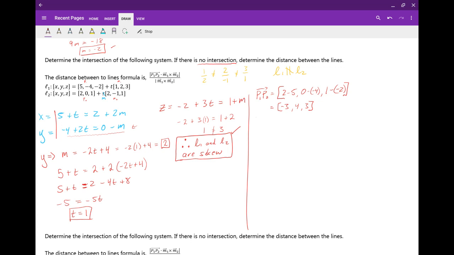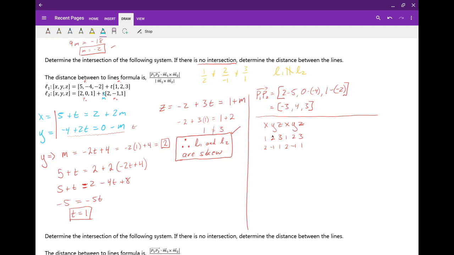So therefore, M1 cross M2 is going to be like this. So I'm going to do X, Y, Z, X, Y, Z. I'm just going to go with my standard cross product that's taught to us in the textbook here. All right. So I've got 2, negative 1, 1, 2, negative 1, 1. All right.